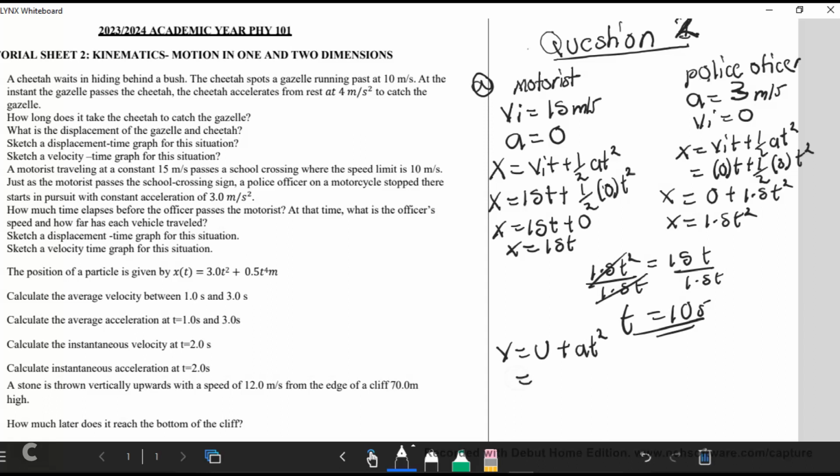Here, the police officer is 0, plus what's the acceleration? The acceleration of the police officer is 3. Then here it's 10, that's the time. So it's supposed to be 0, then 10 squared, that's 100 times this one, it's supposed to be 300. Then your answer, you find that it is 300 meters per second, like that, right?